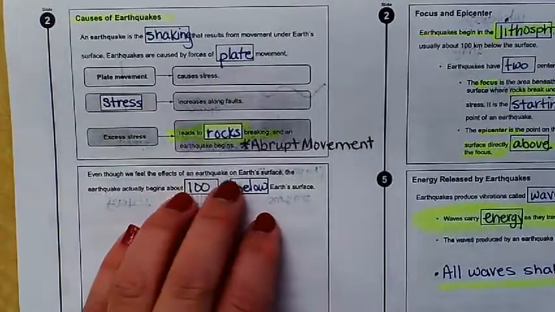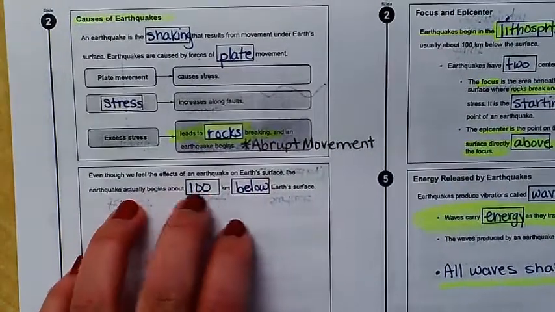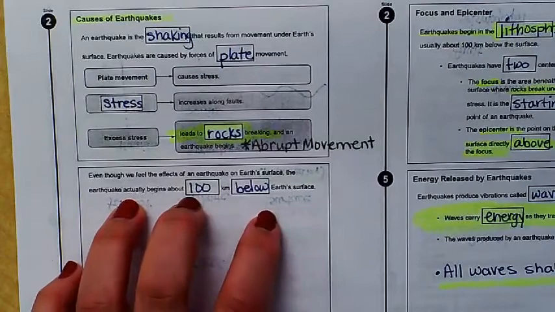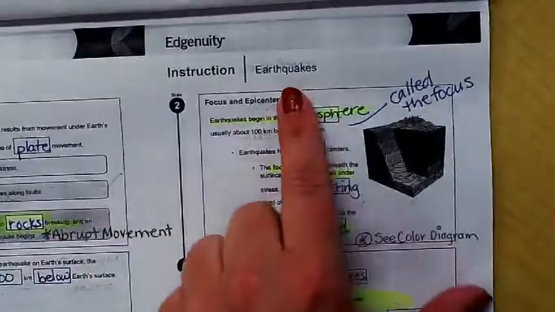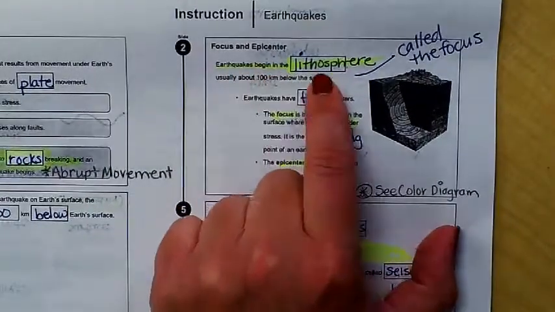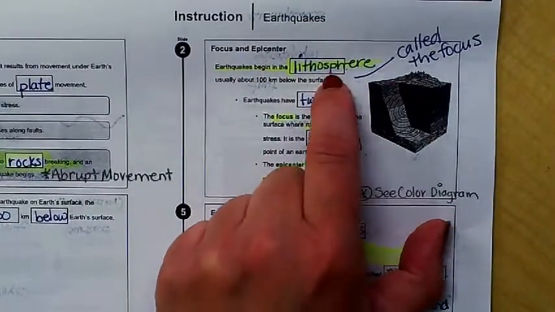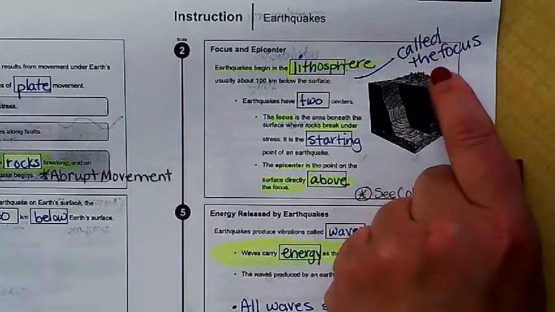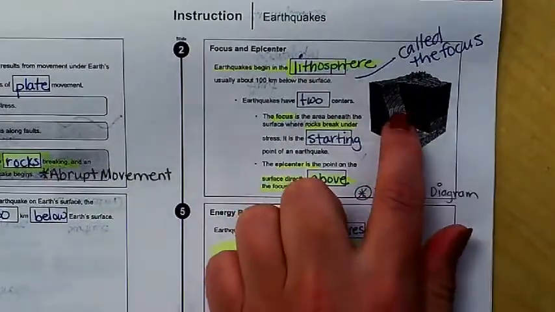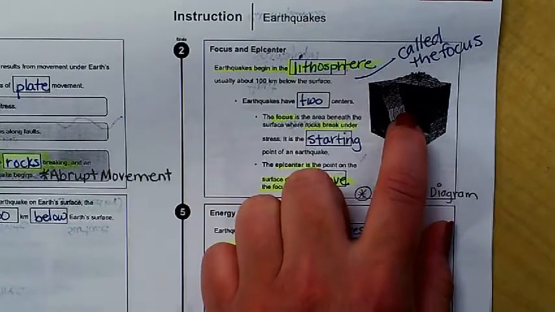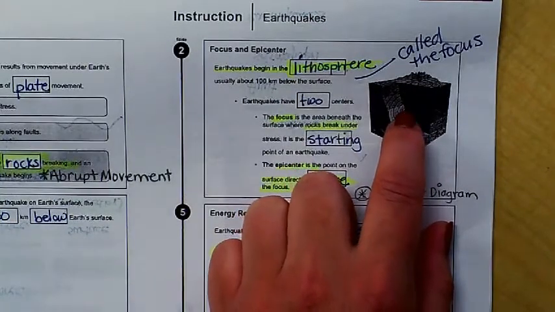Even though we feel the effects of an earthquake on the surface, it's usually deep down, about 100 kilometers below the surface. Remember, that's called the focus, which is right here. Earthquakes begin in the lithosphere, deep down, at the focus. So there are two centers, the focus being one of them. It's actually called the hypocenter.